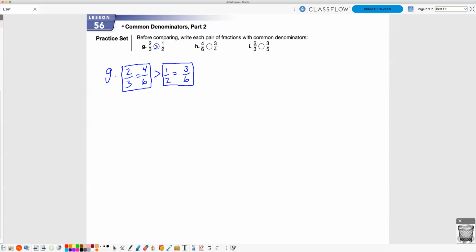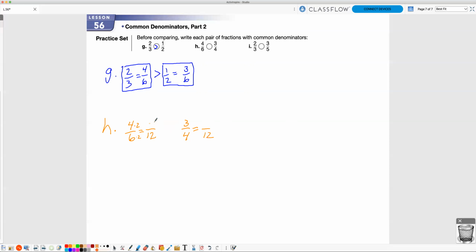All right, letter H. So when I'm redoing letter H, let me just rewrite those. That's 4/6. It equals something with the denominator I'm not sure of yet. And then 3/4, also equivalent fraction. It looks to me like if I was to count by 4s, I'd get to 12, and counting by 6s, I'd also get to 12. So I'm going to use 12 for both the denominators. 6 times 2 would get me to 12.